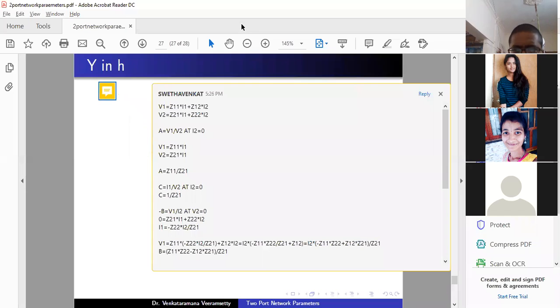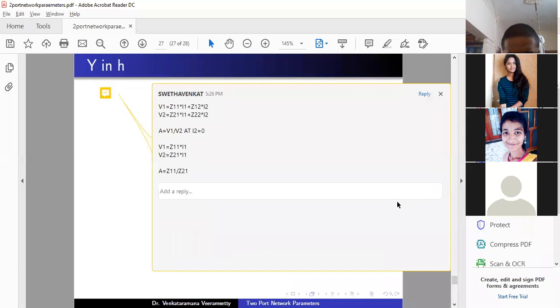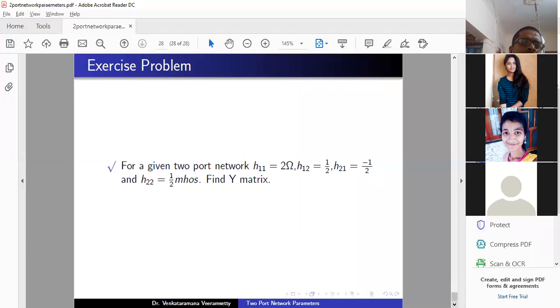And moreover, note down these 2 problems. For a given 2-port network, H11 equal to 2 ohms, H12 equal to 1/2, H21 equal to minus 1/2, and H22 equal to 1/2 mho.